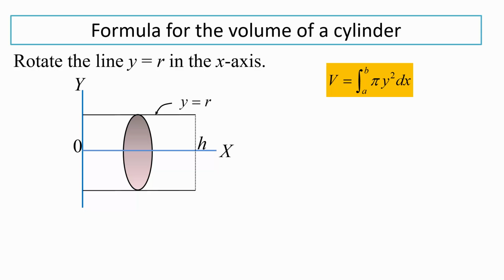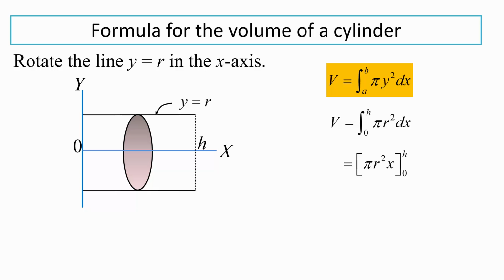So we can substitute that for y squared, like that. And of course, our values for a and b are going to be 0 and h. Now to integrate that, keep in mind that pi and r are constants, so to integrate that expression, it's going to be pi r squared x between the values 0 and h.